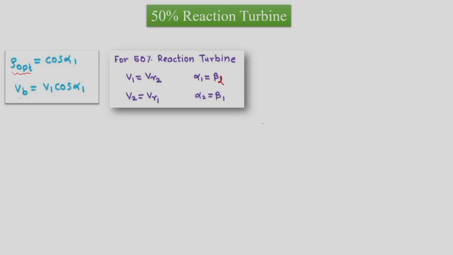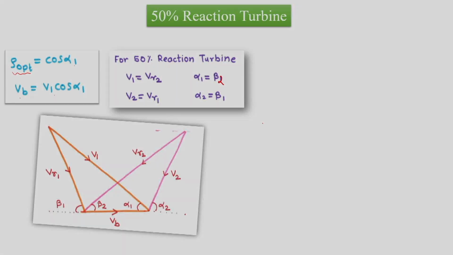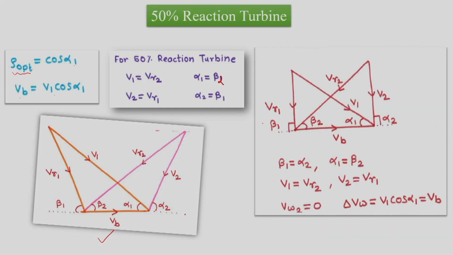beta 1. So if we try to reconstitute the velocity triangle which was earlier like this, now this velocity triangle which was general for 50% reaction turbine becomes this in case of optimum efficiency or maximum efficiency case.